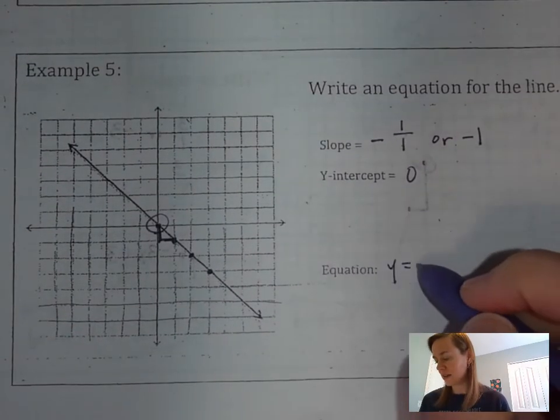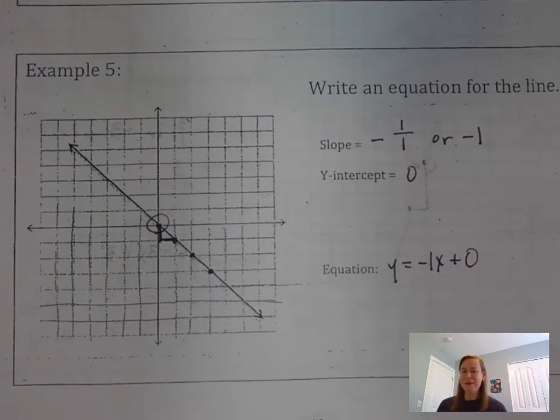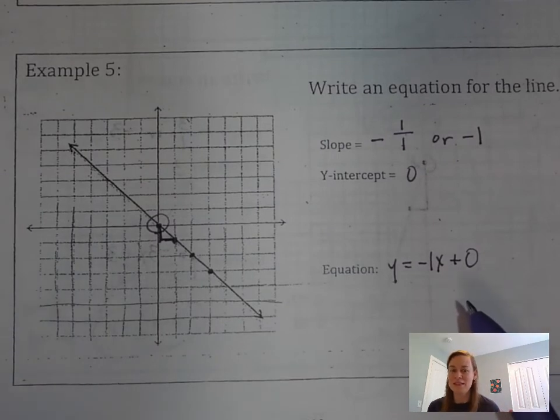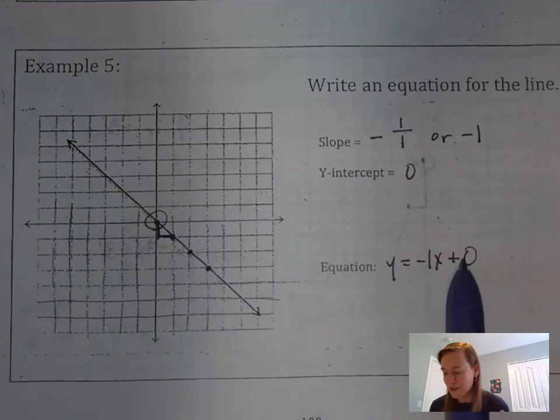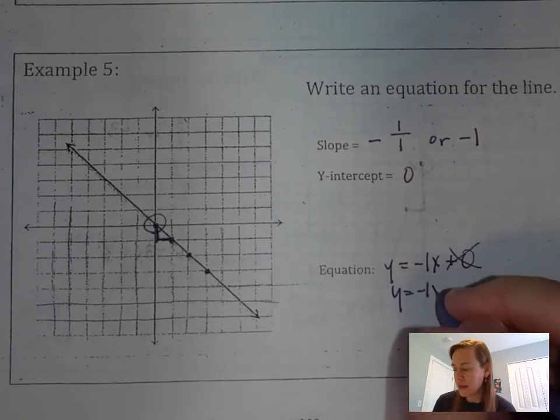So y equals negative 1x plus 0. Now, when you have a plus 0, that doesn't really mean anything. Like if you have 4 apples and you add 0, it doesn't really change the 4 apples, right? This plus 0 doesn't change what the negative 1x is equal to. So you can just drop it. And you can do y equals negative 1x.